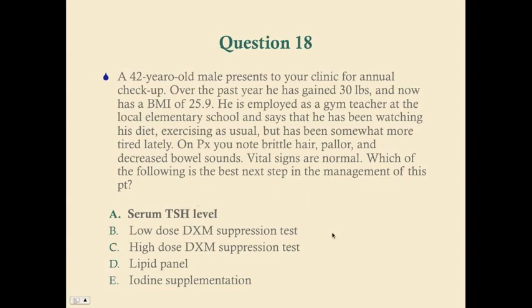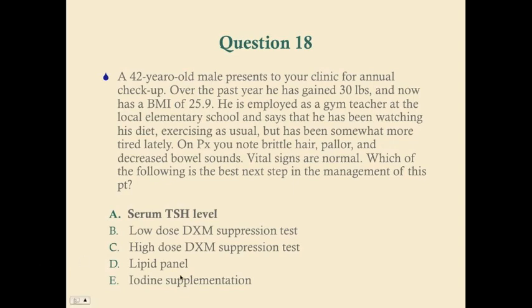We're not thinking Cushing's disease or Cushing's syndrome in this patient because he doesn't have the striae, he doesn't have a buffalo hump, he doesn't have moon facies, and so forth. Furthermore, a serum TSH level would be more appropriate because, barring any specific signs of Cushing's disease, thyroid disease is far more likely.